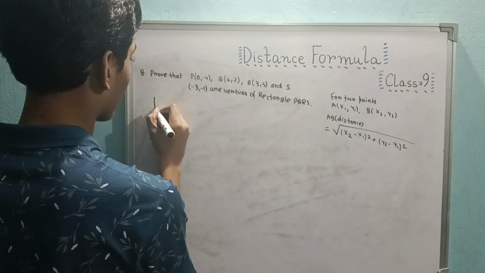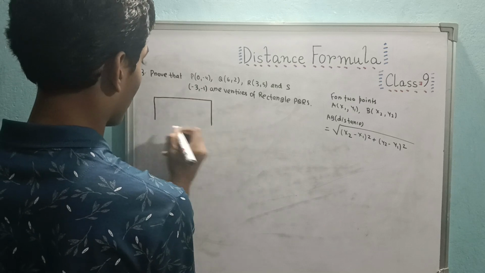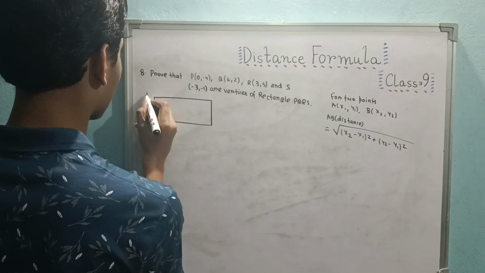So suppose it's a rectangle labeled as PQRS.